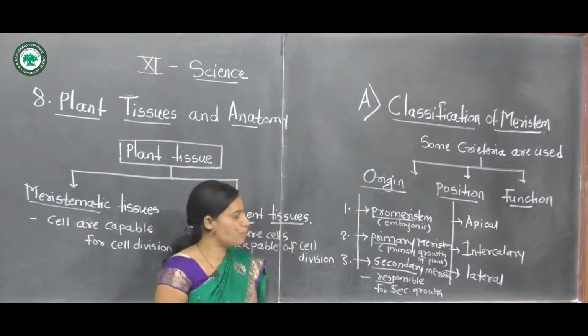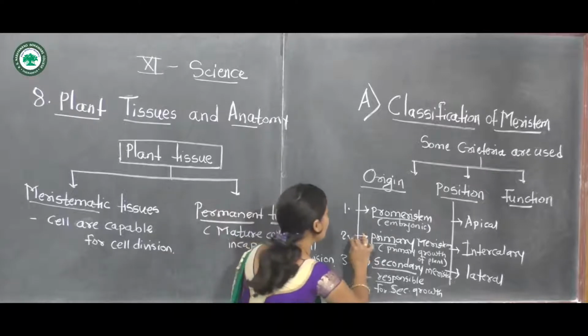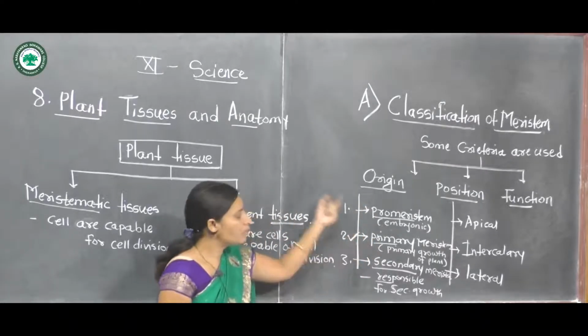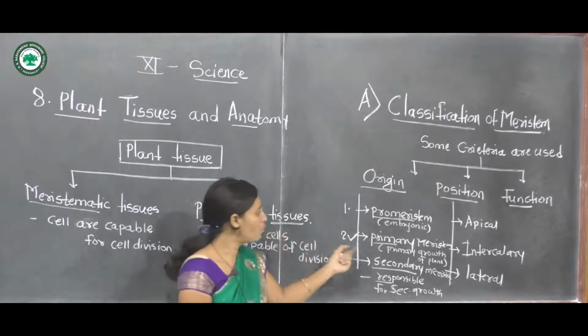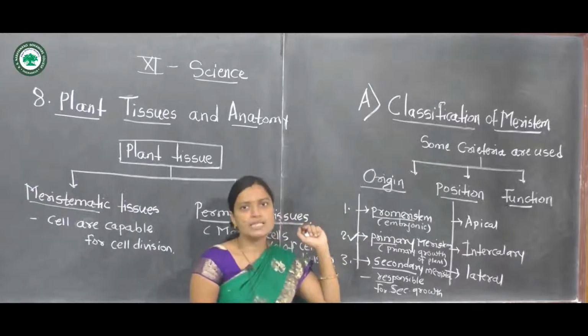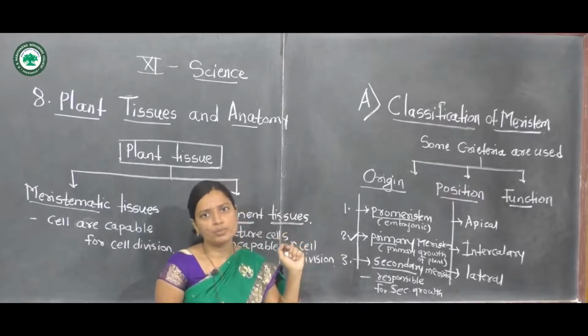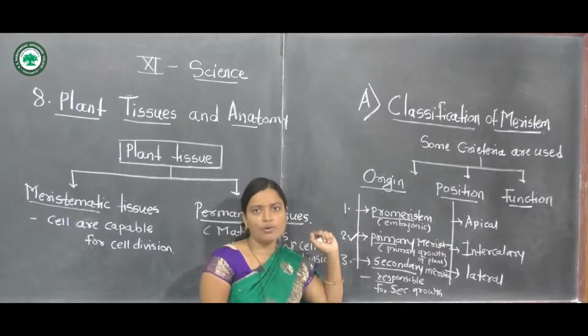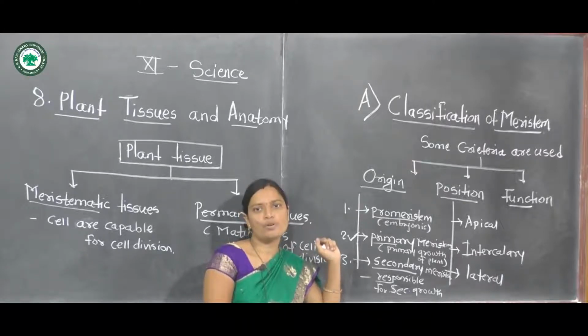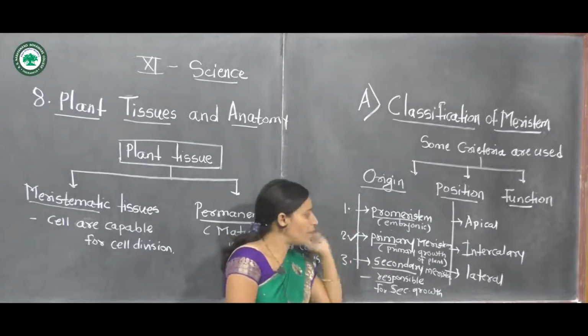The second type of meristem is the primary meristem. It is very important for the growth of the plant body. It is found after the embryonic stage of development.